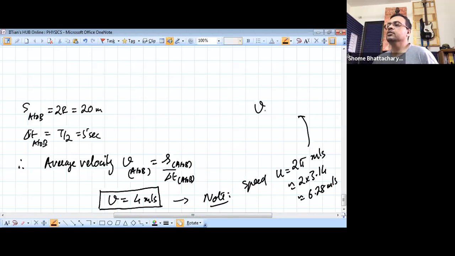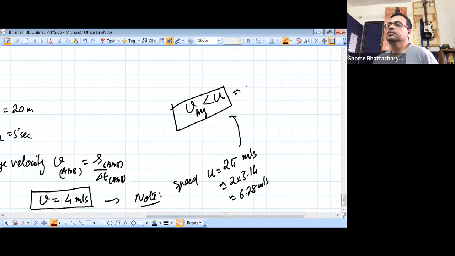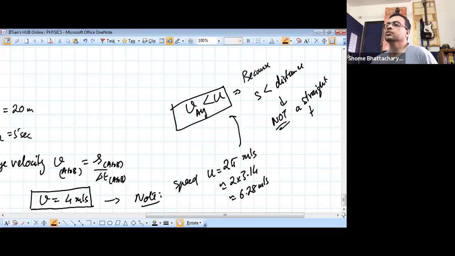So you can understand here what is happening. The average velocity is less than the speed. Why is this occurring? This is because the displacement is less than the distance traveled, because this is not a motion along a straight line.